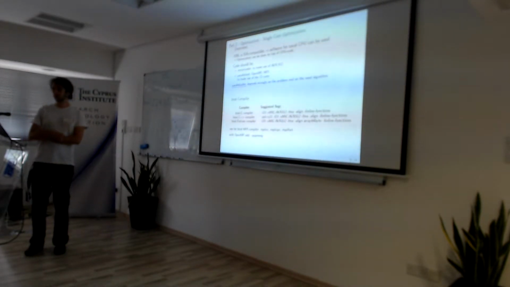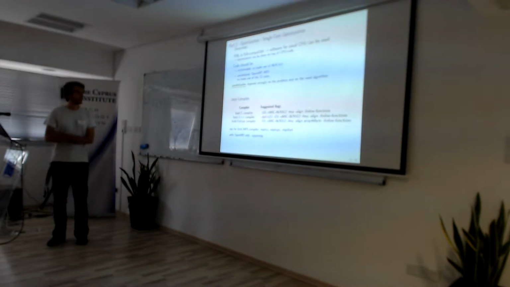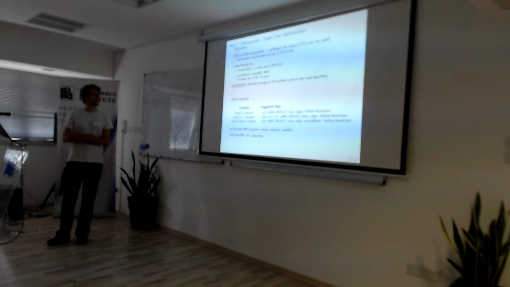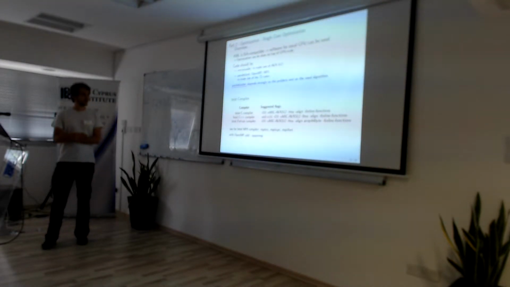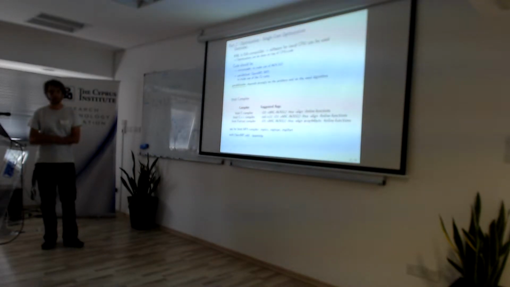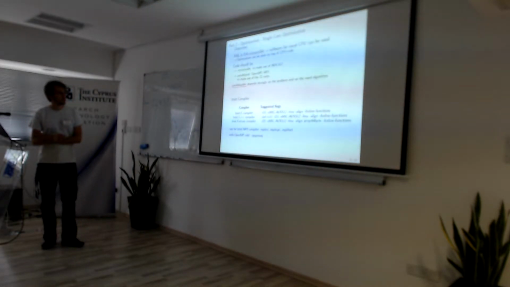Just to mention what kind of compiler flags are used for compiling and optimizing it to run on KNL. Here I just picked the Intel compilers, and you should add these compiler flags.